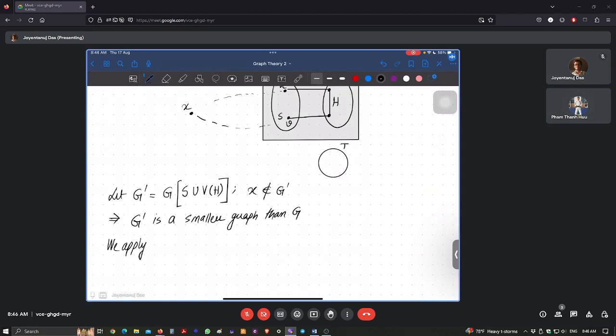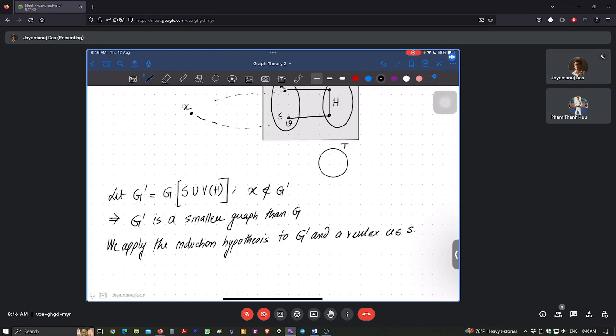Because the induction hypothesis we are applying on the number of vertices, right? Apply the induction hypothesis to G prime and a vertex u belongs to S.